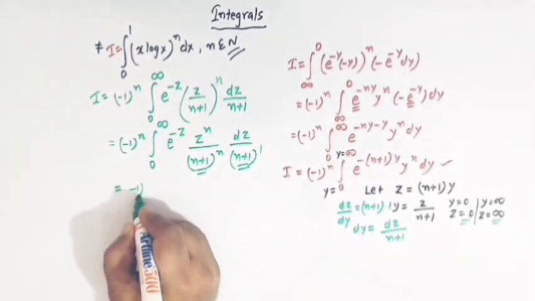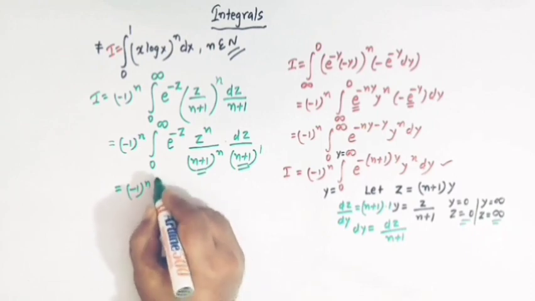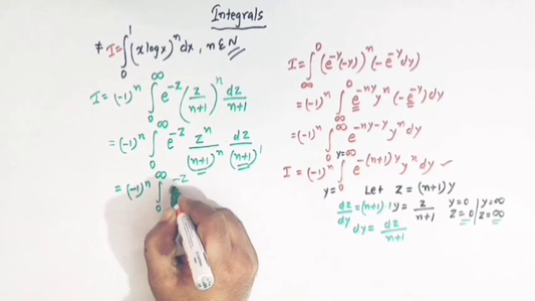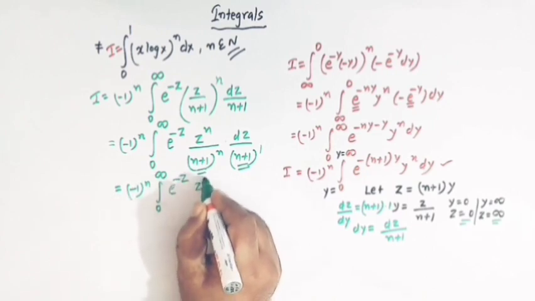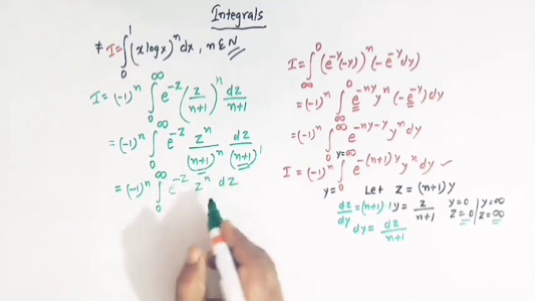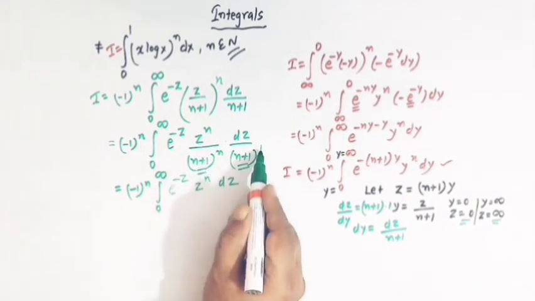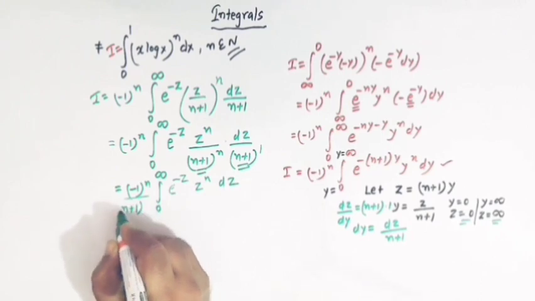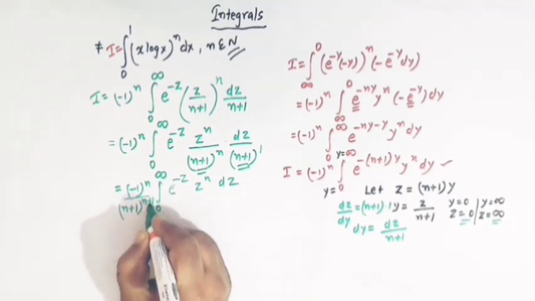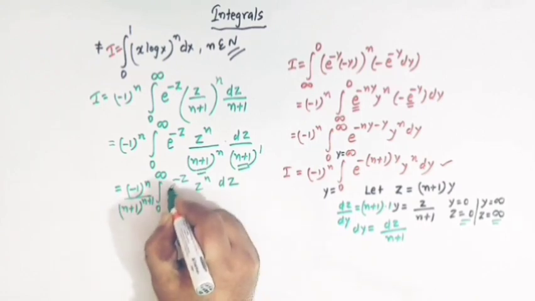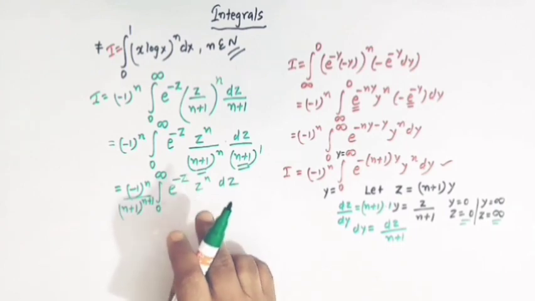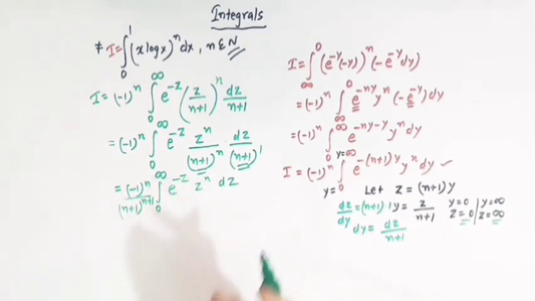So we have minus 1 raised to n, 0 to infinity, e raised to minus z, z raised to n dz, and n plus 1 raised to n plus 1. So we can take it outside the integral, so we have n plus 1 raised to n plus 1. Okay, so now we have this expression, and let us apply the concept of the gamma function to this integral.